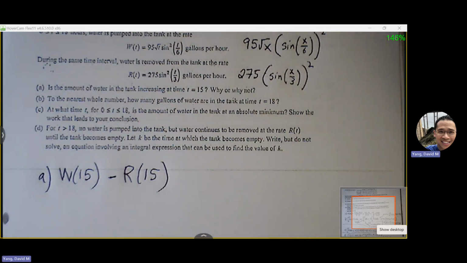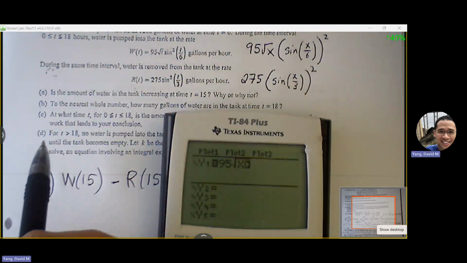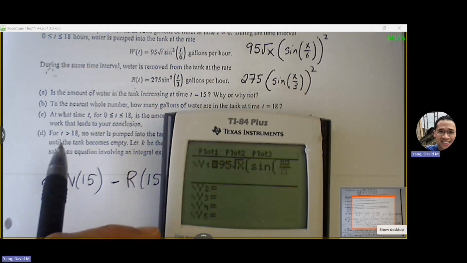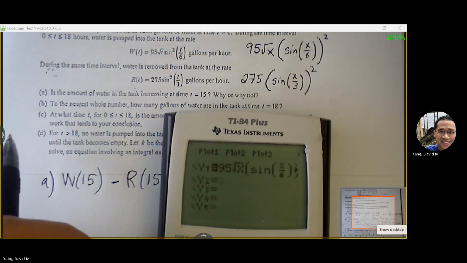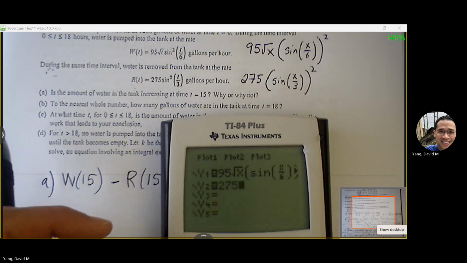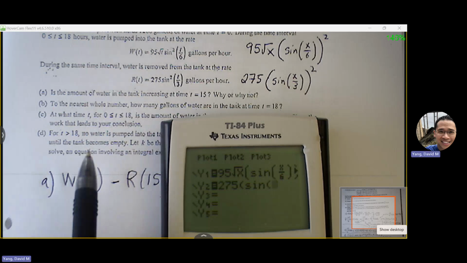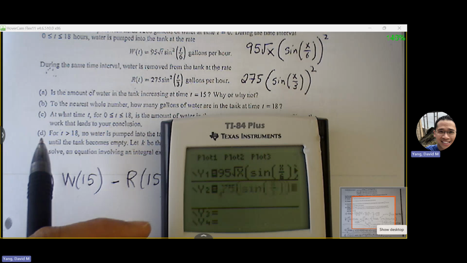So let me put this in here. 95 root x, parentheses, sine of x over 6, parentheses squared. And we should be in radian mode, never in degree mode, always in radian mode for the entire test, the entire AP exam.